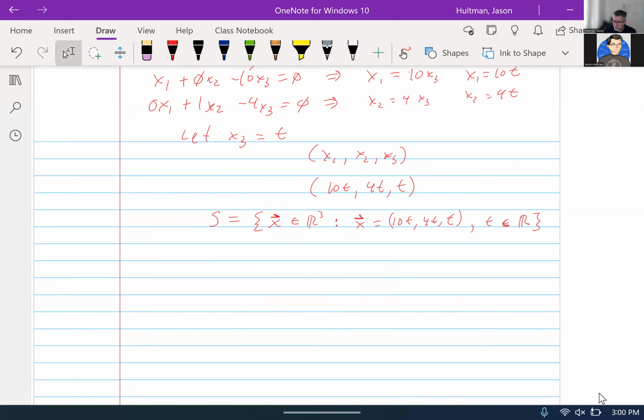It says vector x is a solution to this system of equations if vector x is an element of R3, where vector x is equal to 10t, 4t, and t, given that t is an element of the real numbers.